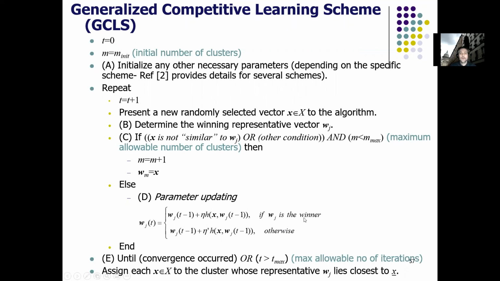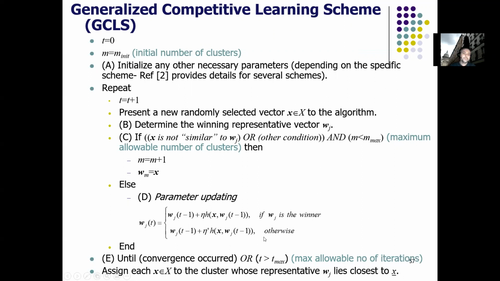There's a different formula if the node is a winner. Otherwise, there is another equation which is used. So it's not zero, like in the example I showed you before. It gives much more flexibility and allows you to alleviate some of the problems that I mentioned before. And then it's an iterative process. It runs until convergence occurs, or you have reached the maximum number of iterations.